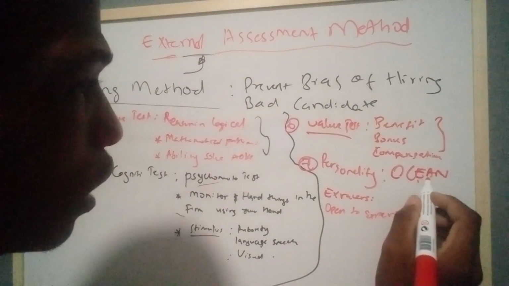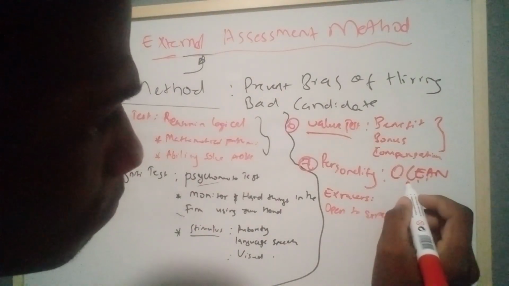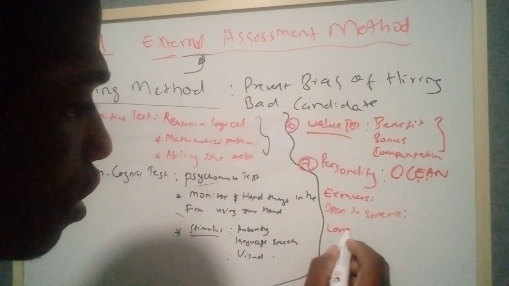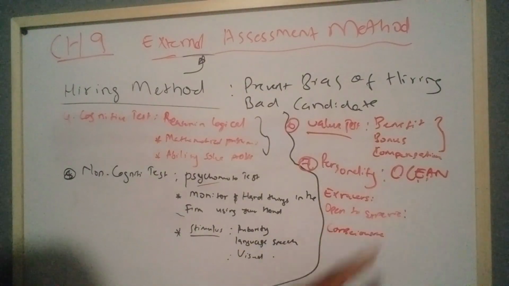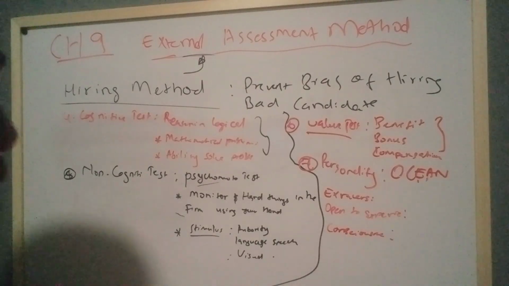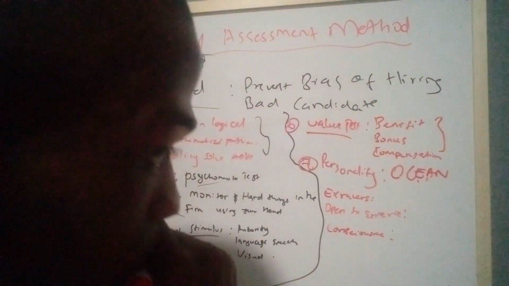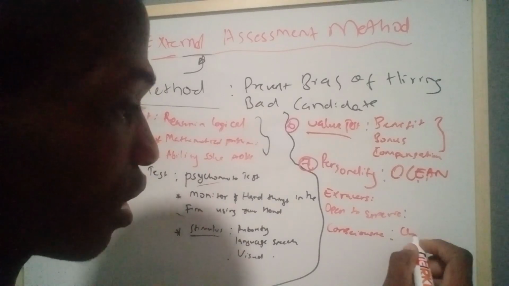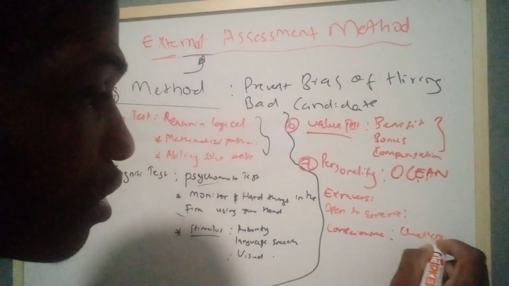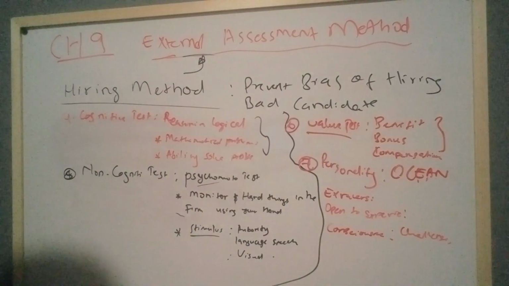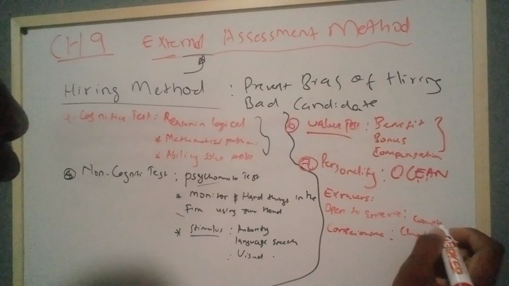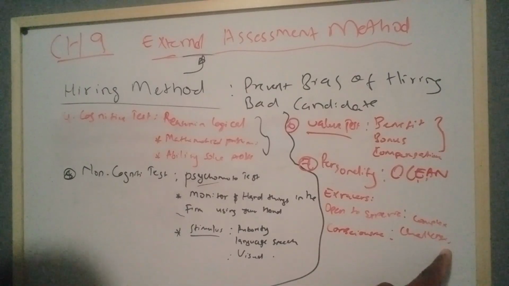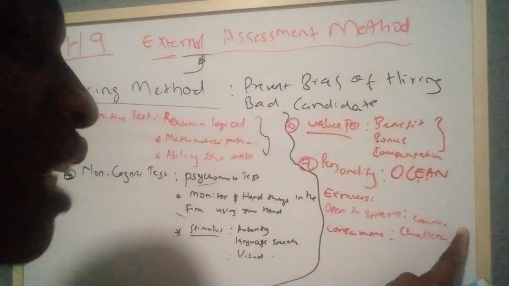And then we come to conscientiousness. If you are conscientious, that means in the organization you challenge yourself. They give you hard goals, and if you are a conscientious person, if they give you complex tasks, you challenge yourself, you set goals for yourself: when am I going to finish that task.